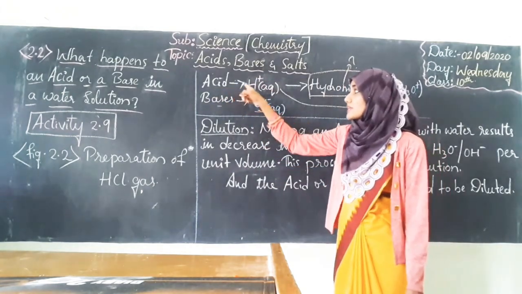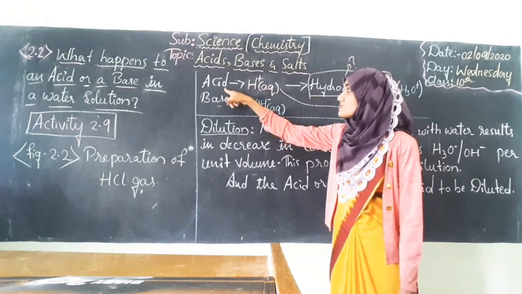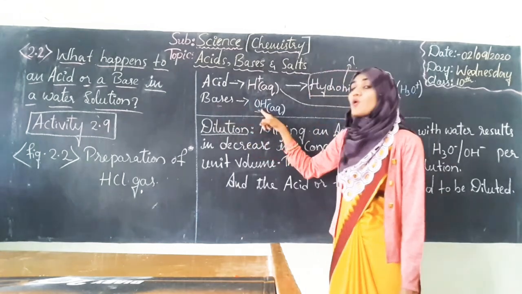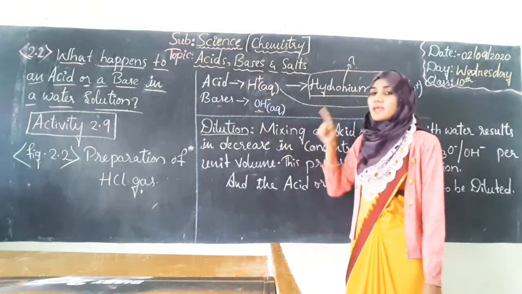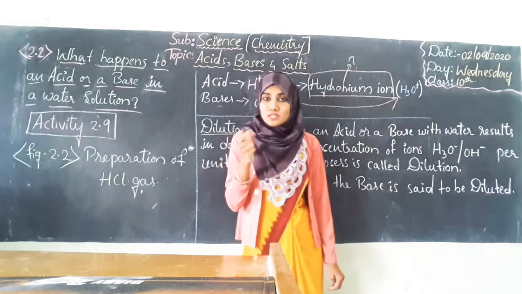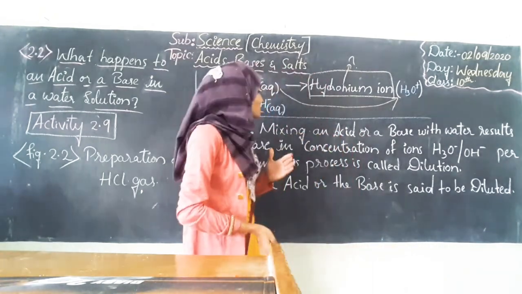So acid will generate hydrogen ion only in the aqueous solution, whereas bases will generate OH- ion only in the aqueous solution. And you have also come across the word dilution in the video, right? So what is this dilution?